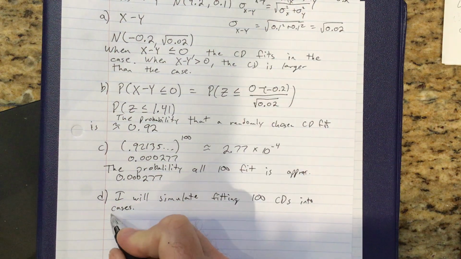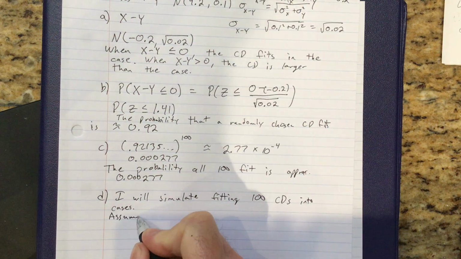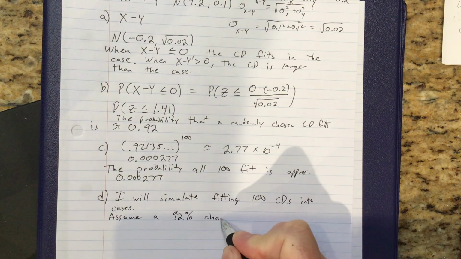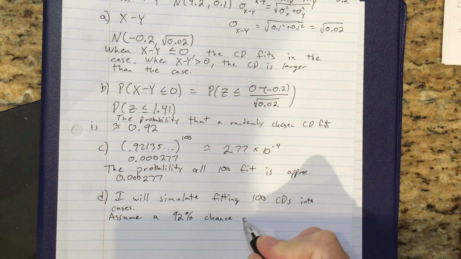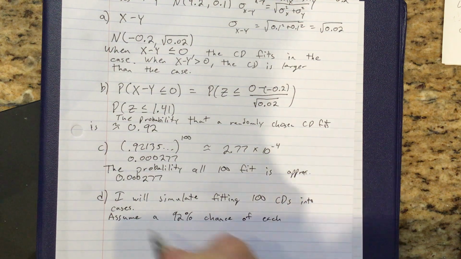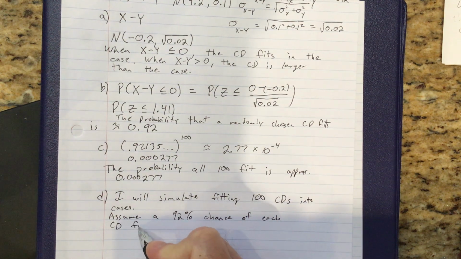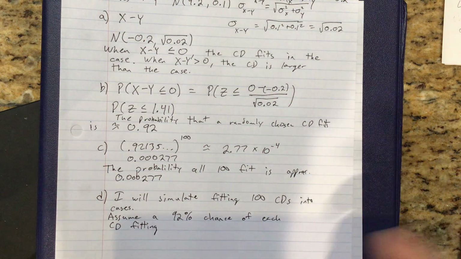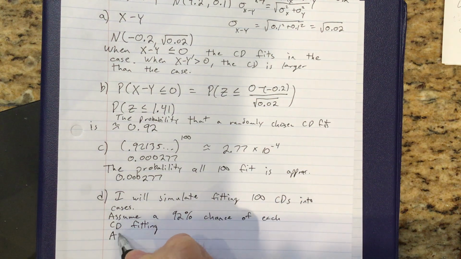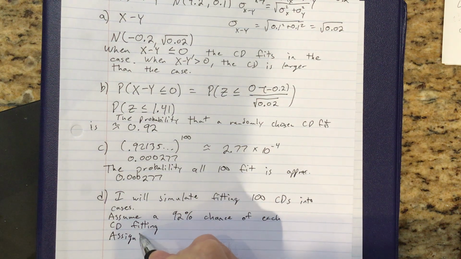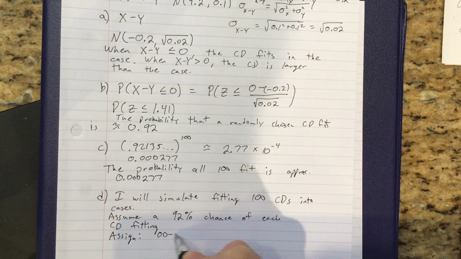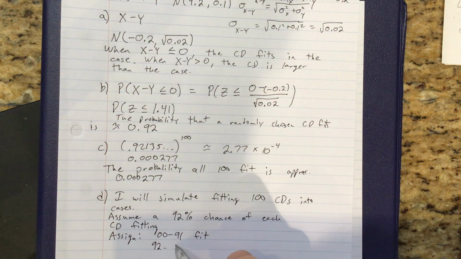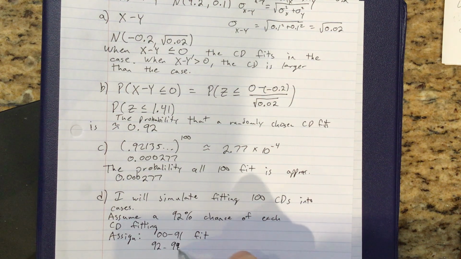All right, assume a 92% chance of each CD fitting. Okay. Now assign our digits. So let's see, I'll assign 00 through 91 as a fit, and 92 to 99 does not fit.